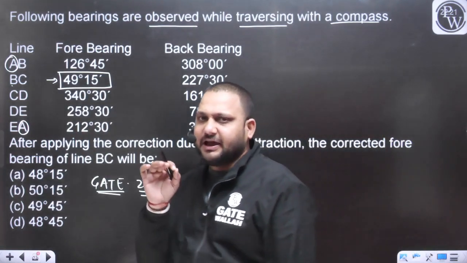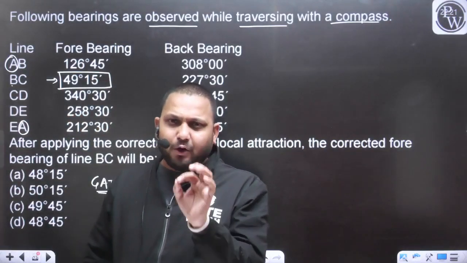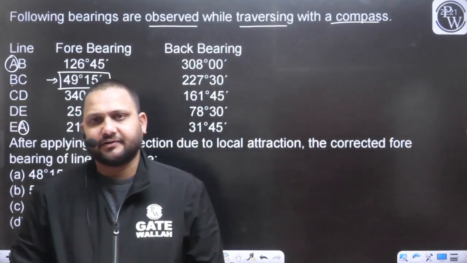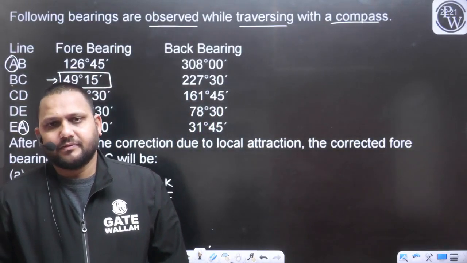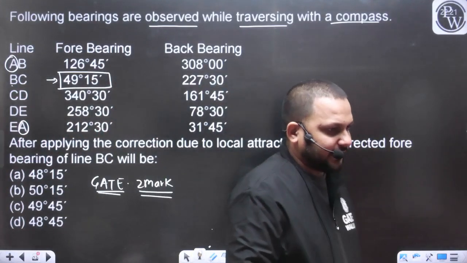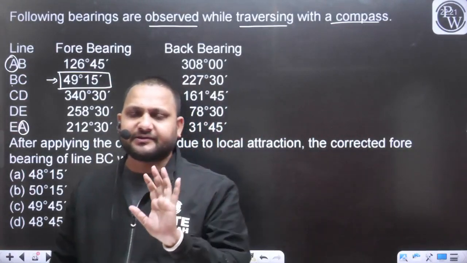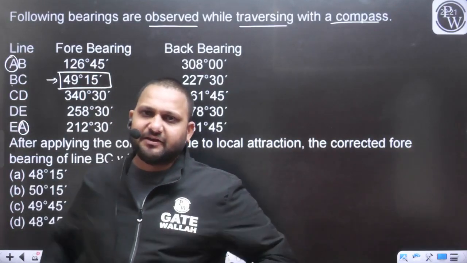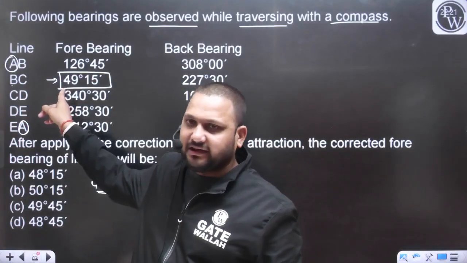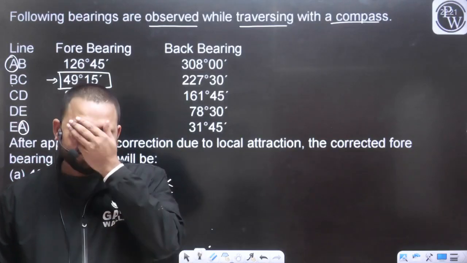So if anyhow we can find the error at station B due to the local attraction, then we can find the correction, and then we can apply that correction to find the correct bearing of the line BC.